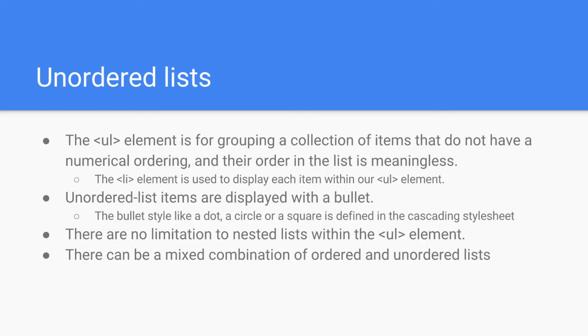Unordered list items are displayed with a bullet, but the bullet style, like a dot, a circle, or a square, is defined in the cascading style sheet. There are no limitations to nested lists within the UL element. There can be a mixed combination of ordered and unordered lists.